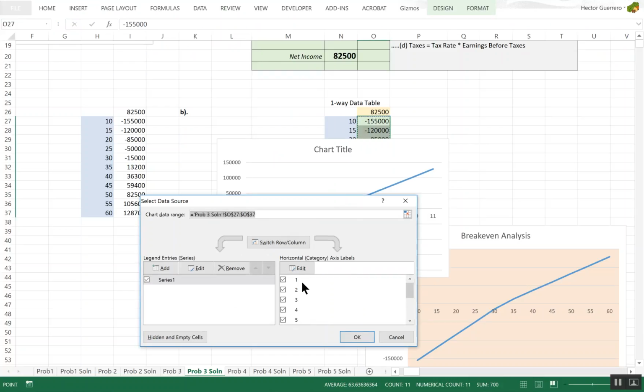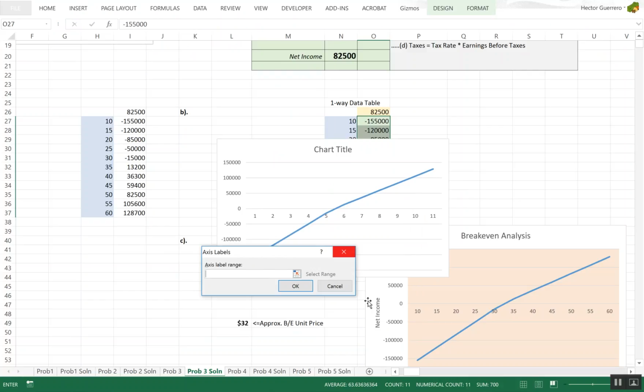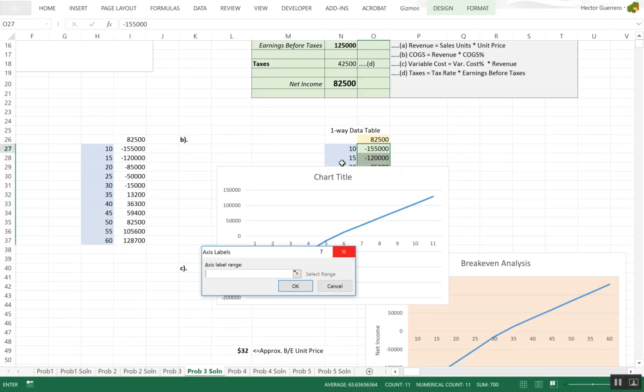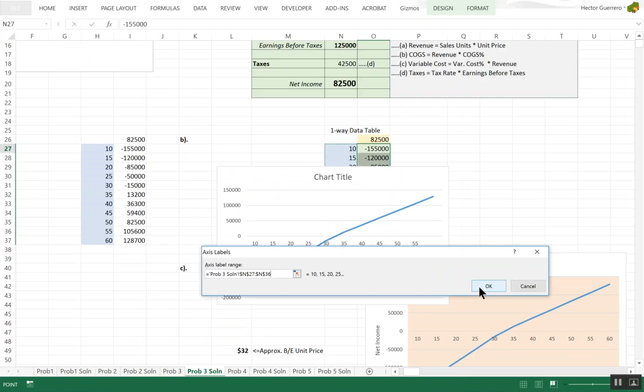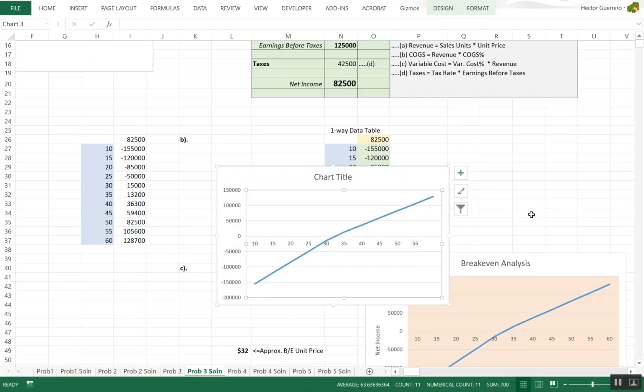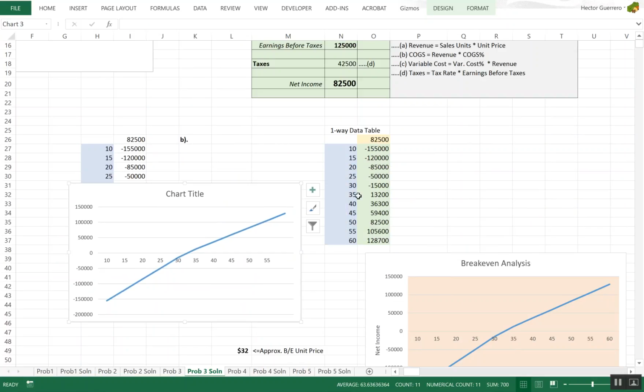I'll select the data, edit this, and grab the values here for my x-axis. Hit OK. And there we have the values. I missed one value, so you have to be careful where the chart is so you make sure you get them all. So there's my table.